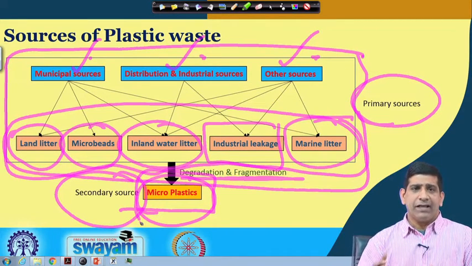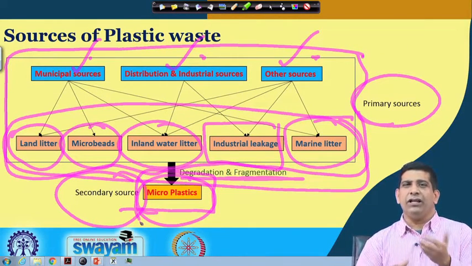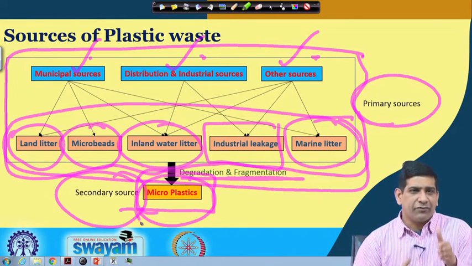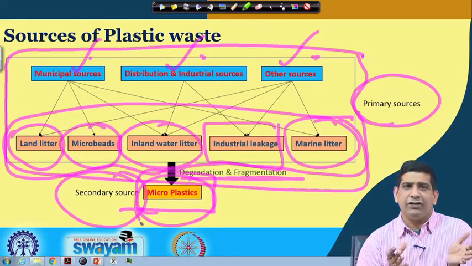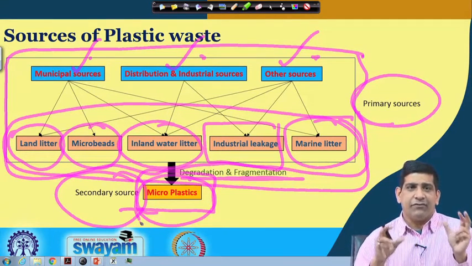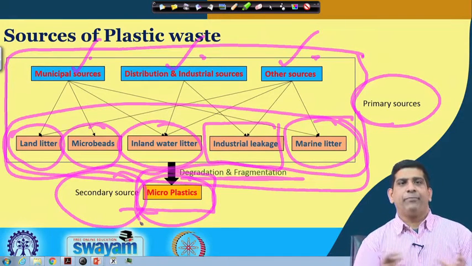Since plastic is a totally man-made material, not a natural material, Mother Earth does not really know how to deal with it, although our biota is trying to adjust. There are some bacteria out there which have even started degrading plastic, because they have to survive. You always adapt to the condition.